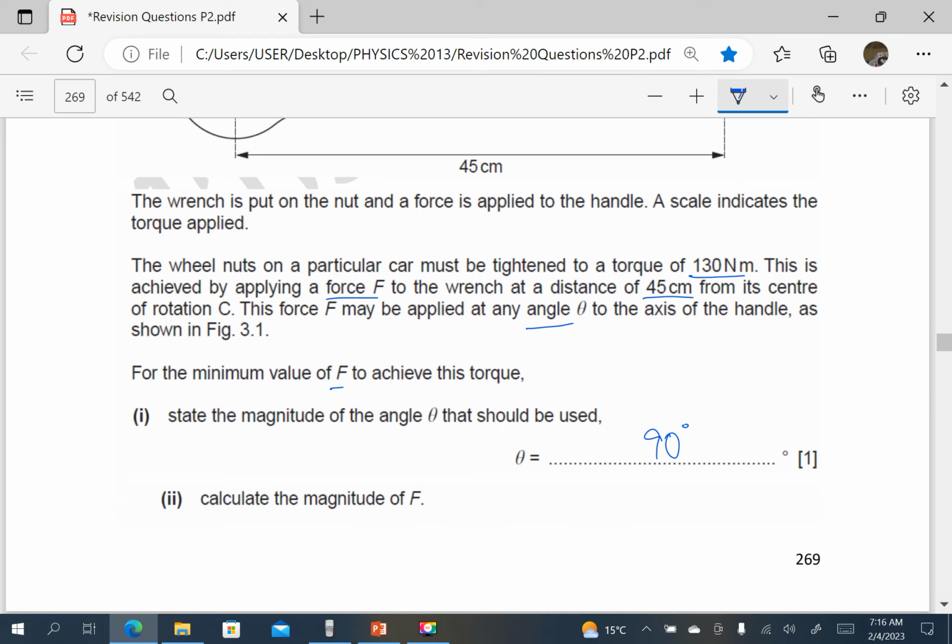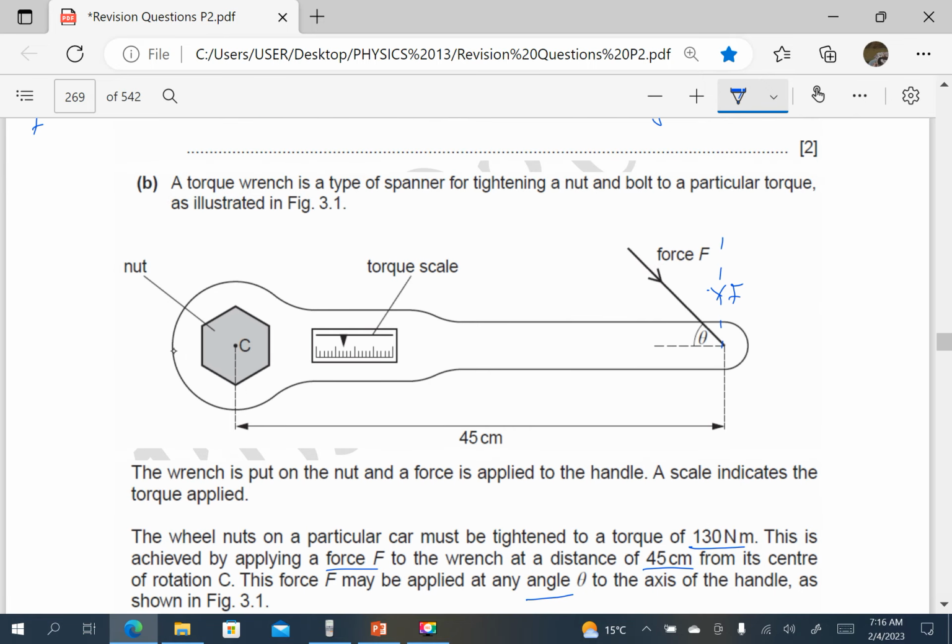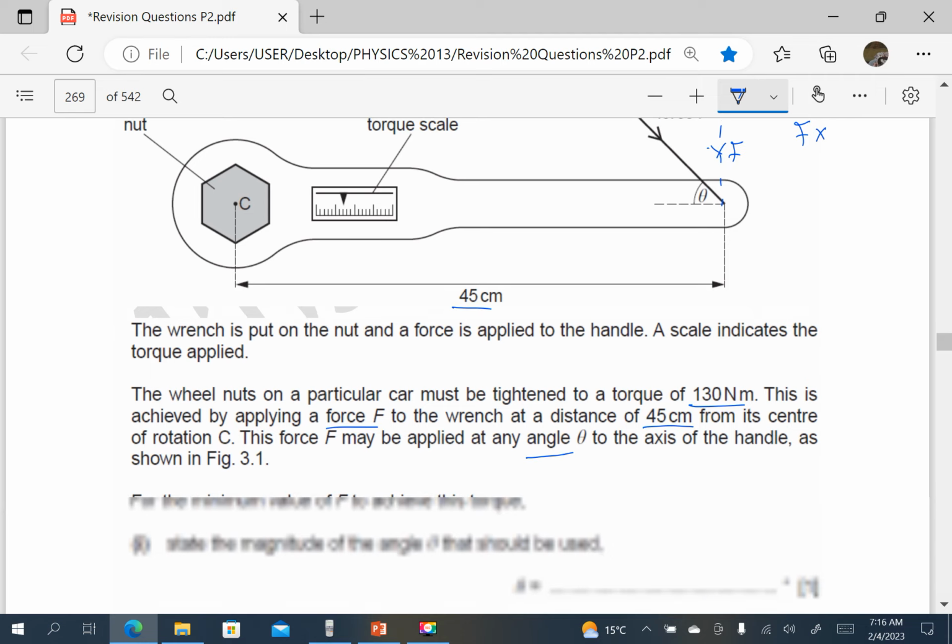Remember, the nut must be tightened to a torque of 130 newton meters. So this force here, when it is acting vertically, the perpendicular distance is 45 centimeters. Therefore, the force times the perpendicular distance should give us the torque, which is 130 newton meters, to tighten the nut.